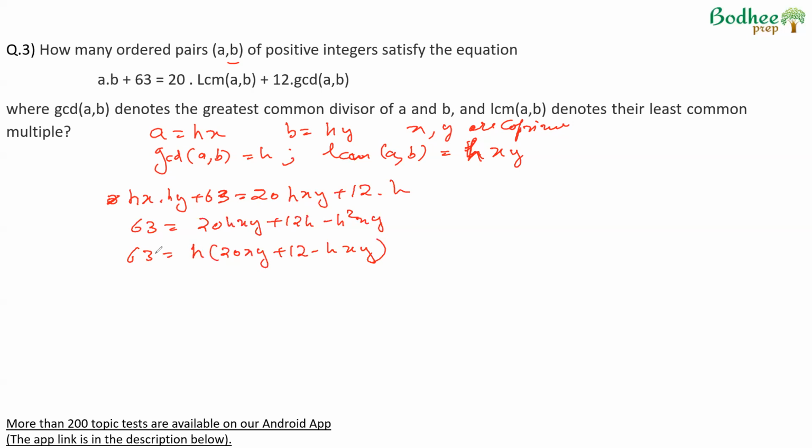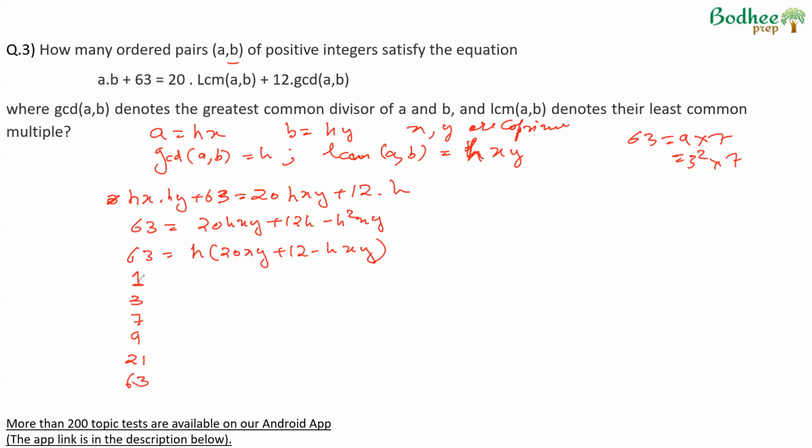Now, H has to be a factor of 63 only, then it will divide and everything will remain integral. 63 is 9 into 7 or 3 squared into 7. So 6 factors are there. The factors are 1, 3, 7, 9, 21 and 63.